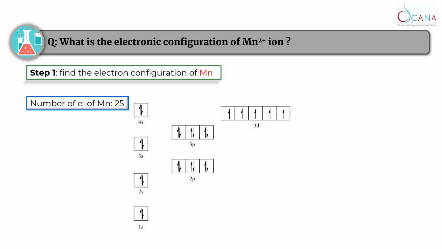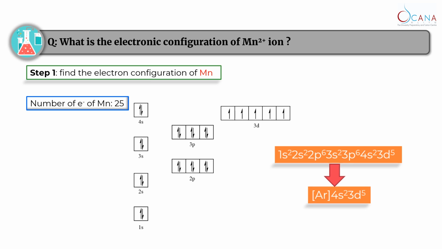Eventually, the electronic configuration of manganese atom is 1s2, 2s2, 2p6, 3s2, 3p6, 4s2, 3d5, or we can simplify it using the noble gas configuration, Ar 4s2 3d5.